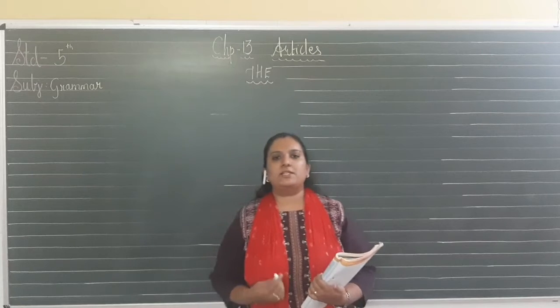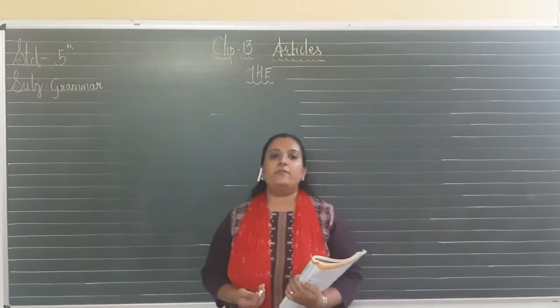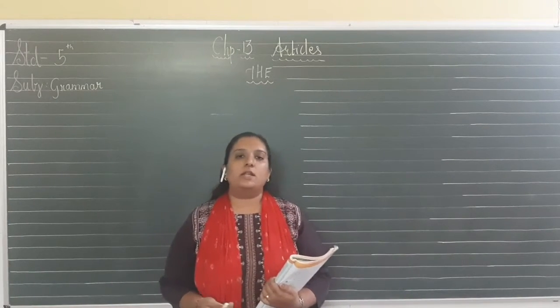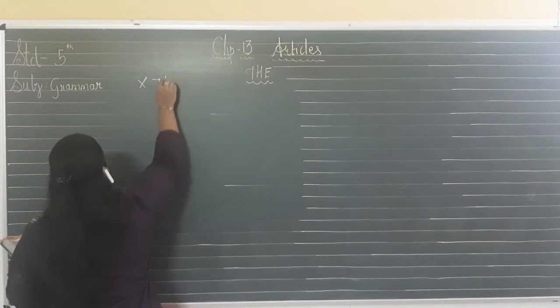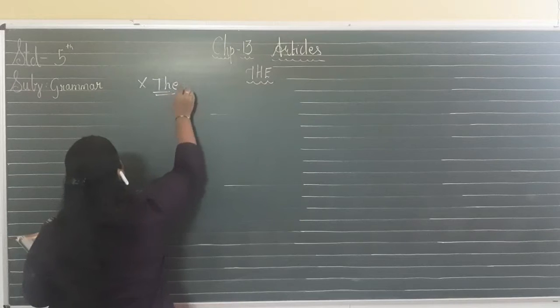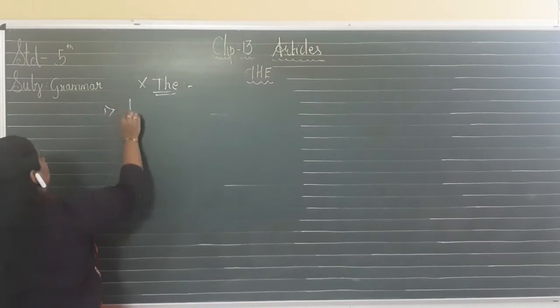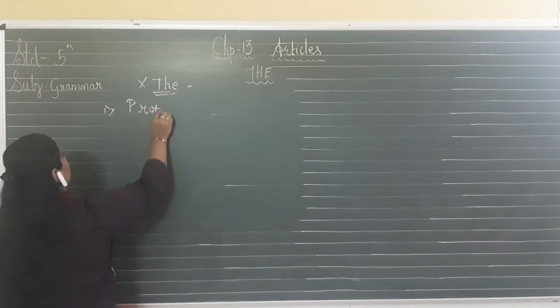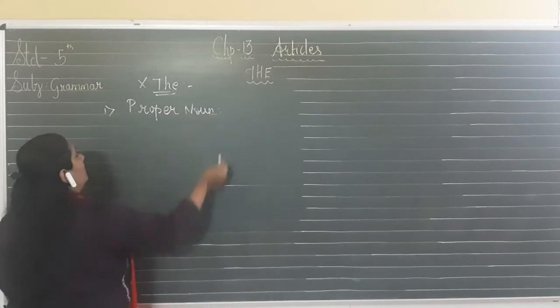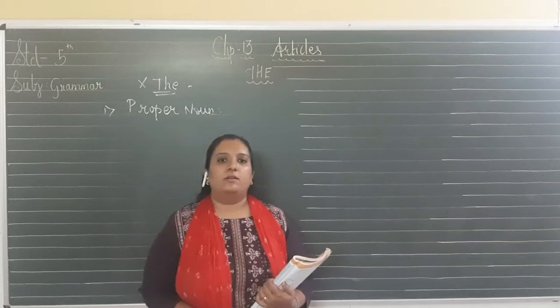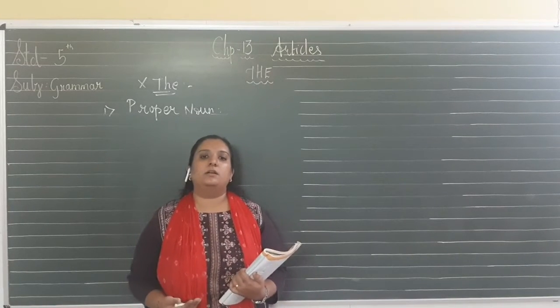Okay students, so just now we have studied where we can use article the. Now we will study where we cannot use article the. So the very first place, proper noun. We cannot insert article the before our name.